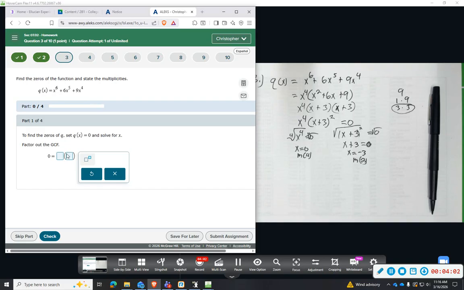So first it wants us to factor out the greatest common factor, and we're going to say x to the 4th, and then inside of here we're going to have x squared plus 6x plus 9.